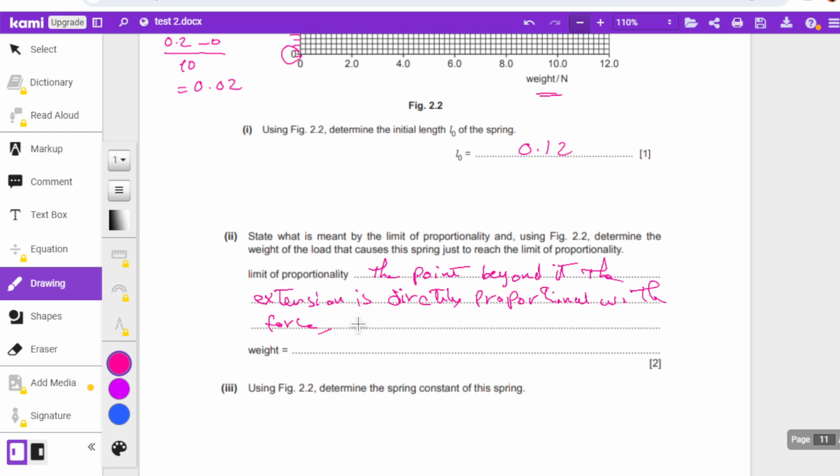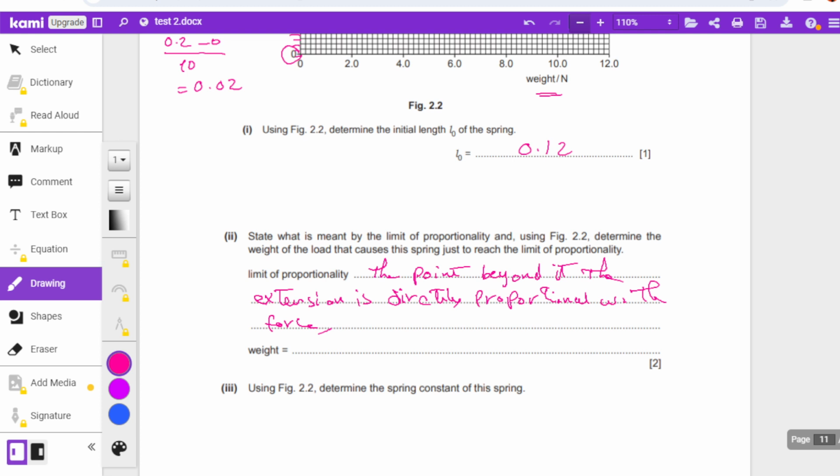Okay, you can also say it is the point below which the force-extension graph will be linear. Also you can say there is a proportional relationship between extension and force.